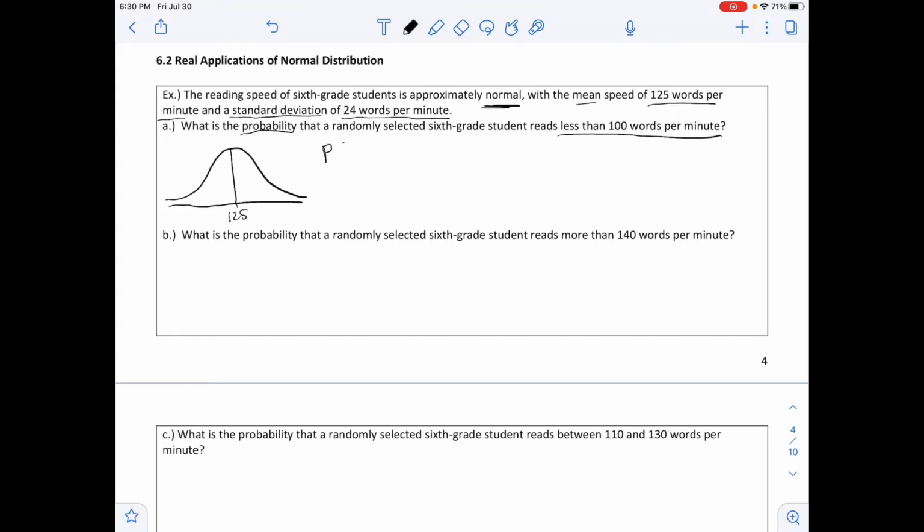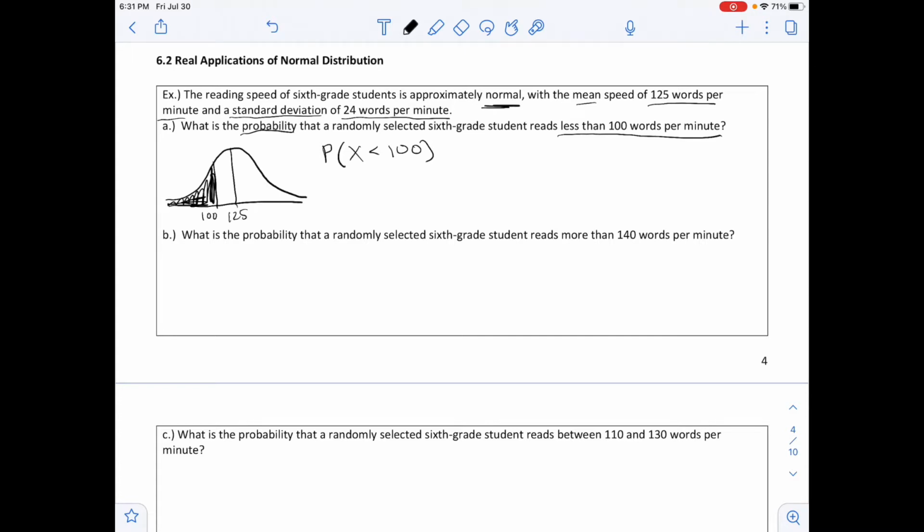This is asking us to find the probability, so I'll put a P, that they read less than 100 words per minute. So X is less than 100 words per minute. I'm going to put 100 to the left of 125, and since it's less than, we're going to be shading to the left.